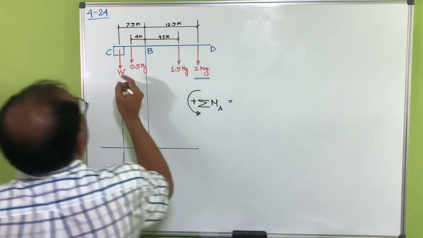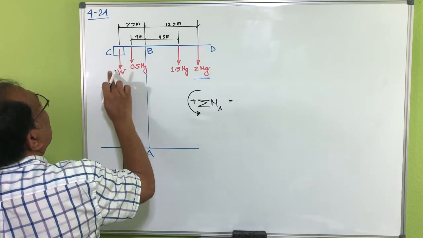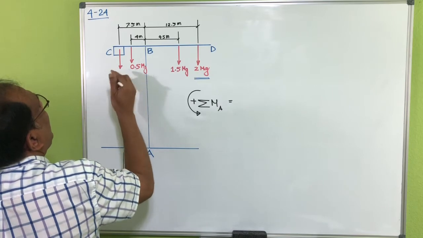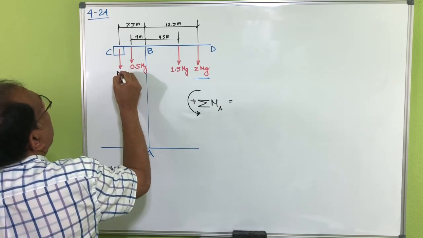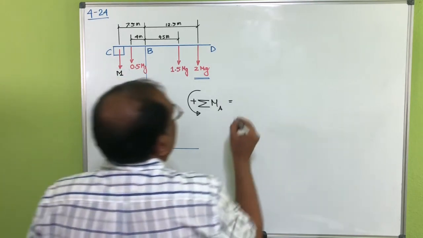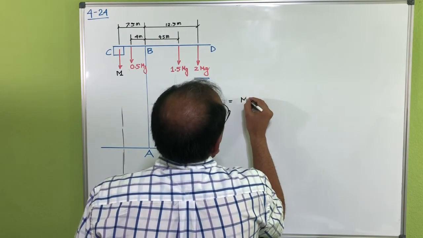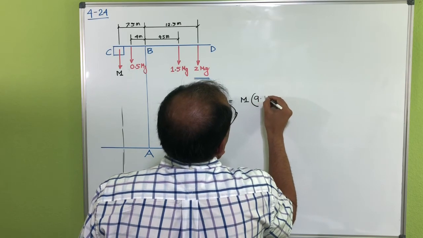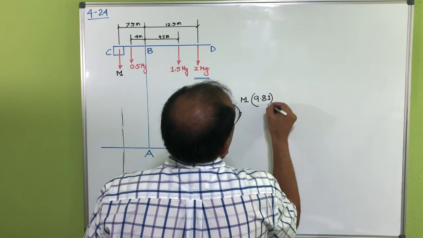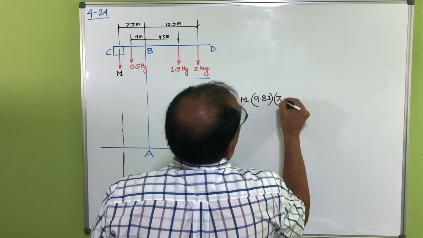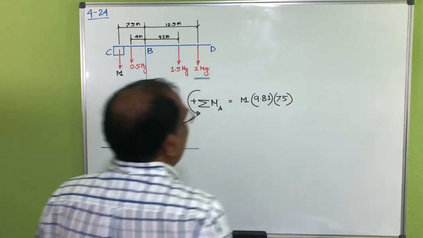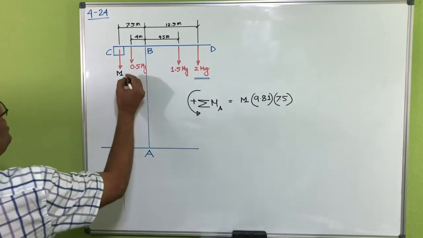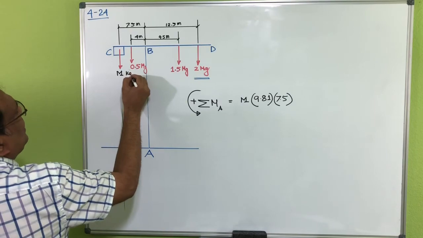Let's say this is m, a mass in kg, into 9.81, and then the distance 7.5. Okay, so this many kg.